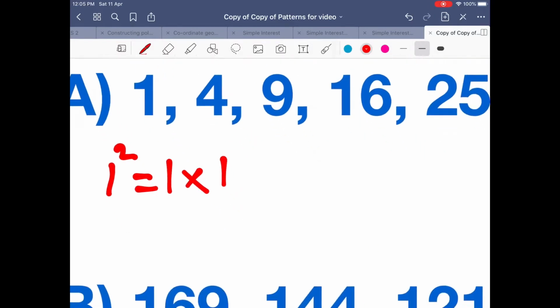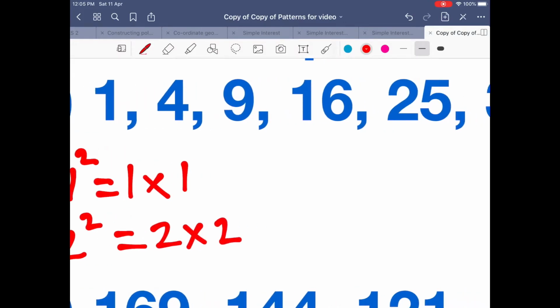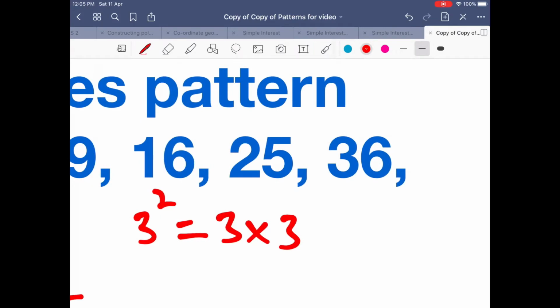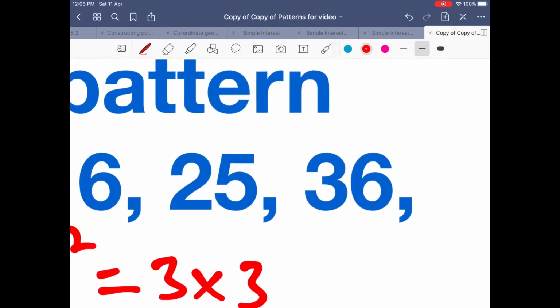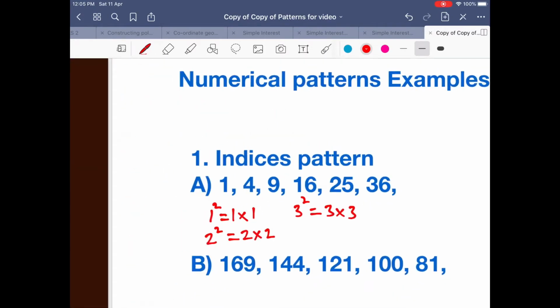And this 4 is equal to 2 squared, which we know is equal to 2 times 2. We know that 9 is equal to 3 squared, again, which is 3 times 3. And again, the 16 is 4 squared, the 25 is 5 squared, and the 36 is 6 squared.